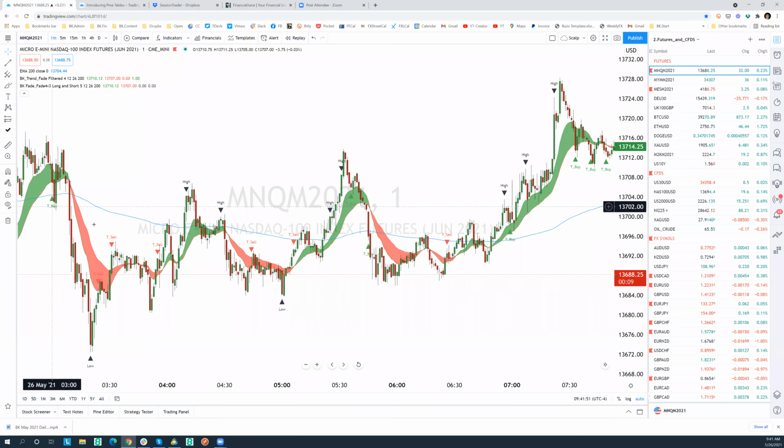A very simple way to understand that you have a range-based environment is that you are trading either side of the 200. If you don't have a trend of 100 candles or more, even 50 candles or more in one way against the 200, you're just basically in a range-based environment. Is that clear?